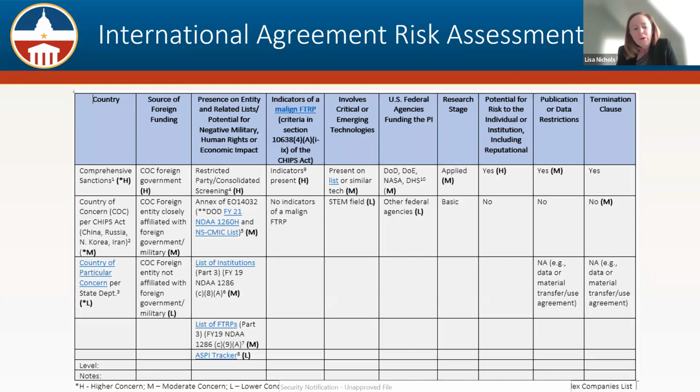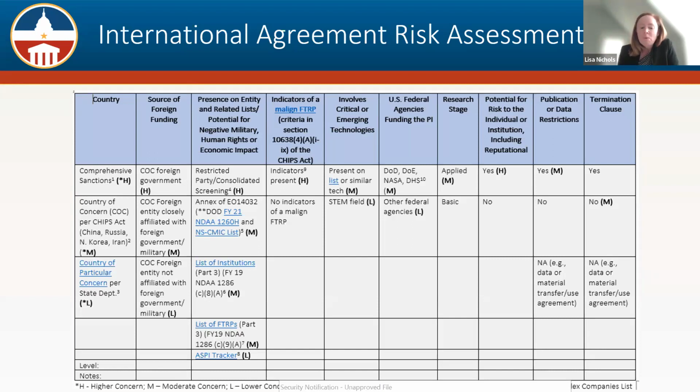And I can talk a little bit more about that. So we're currently using this tool for proposals with foreign country of concern sponsors, including if the parent, not just the direct sponsor, is in a foreign country of concern, and for unfunded agreements with foreign country of concern entities.